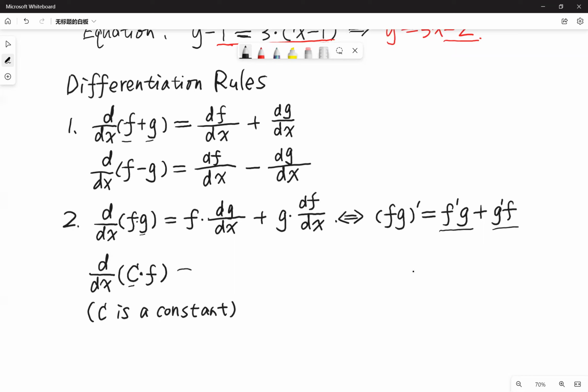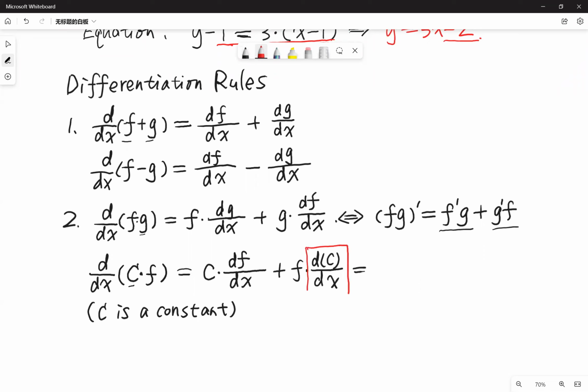In this case, it is equal to c times df by dx plus f times dc by dx.